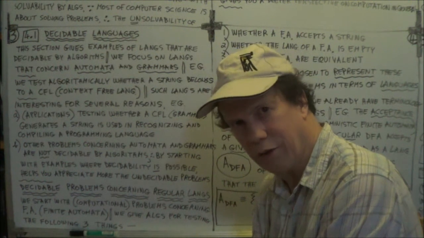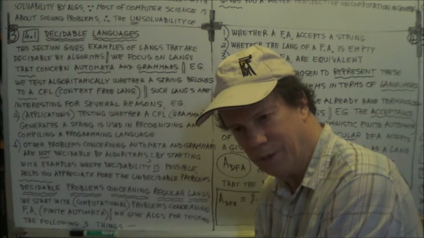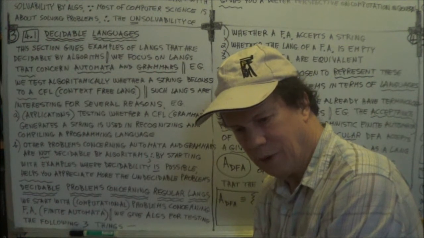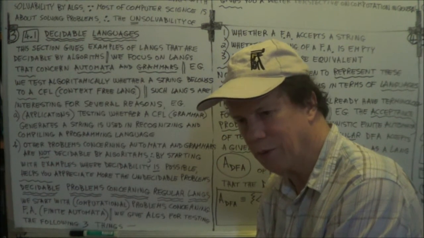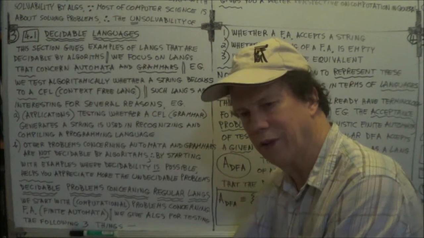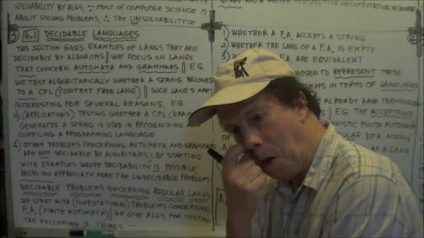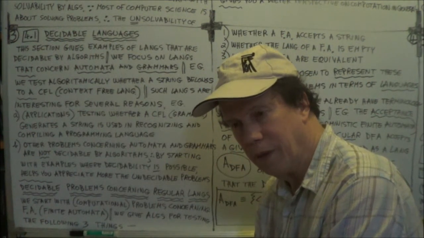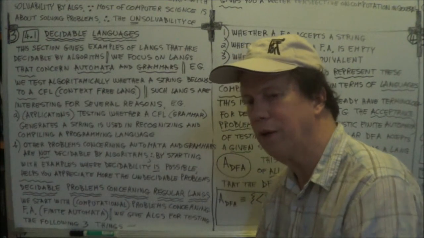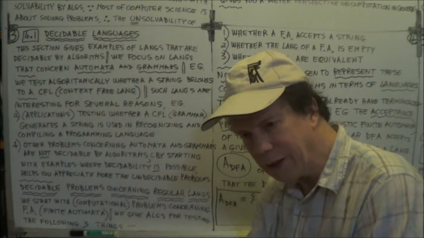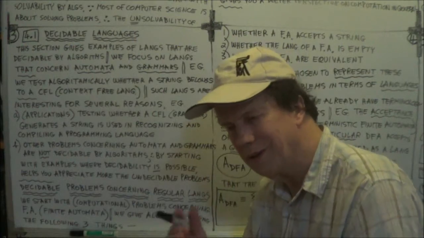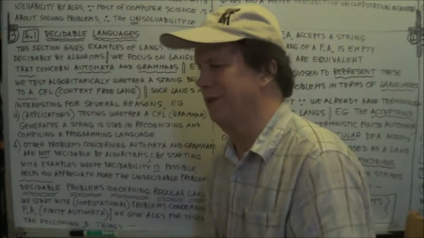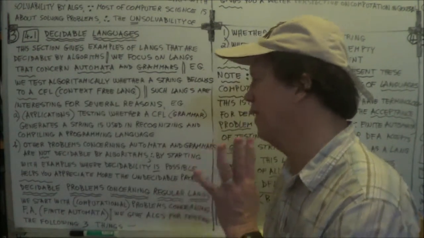That we use an algorithm to answer that question, and if we can always answer it, if we can always accept or reject the string in the given language, then that language is decidable. And by deciding the language, we indirectly solve the problem. Now, I know I'm still being vague, but we're getting there.